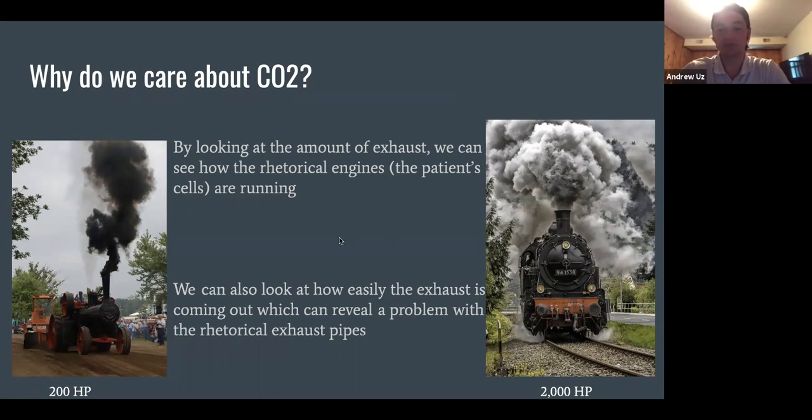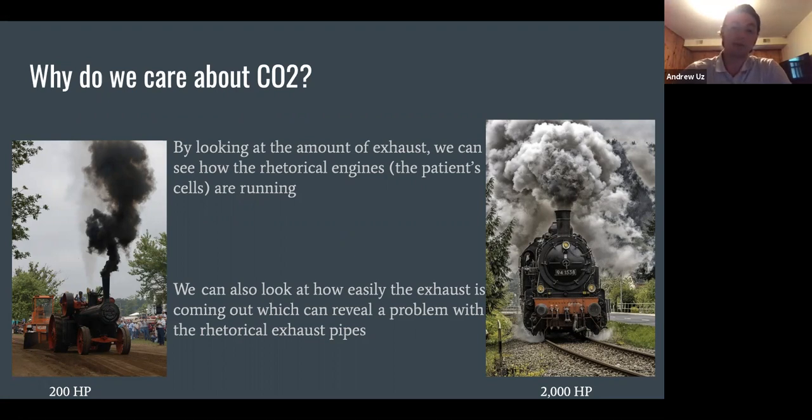And this certainly is a parallel. It doesn't exactly work the same way, but it's a pretty good analogy. Clearly you can see the train is putting out more smoke. It's running harder than the tractor. And not only can we see how hard the engines are running, we can also see how the smoke is coming out, which can show us how the exhaust pipes work.